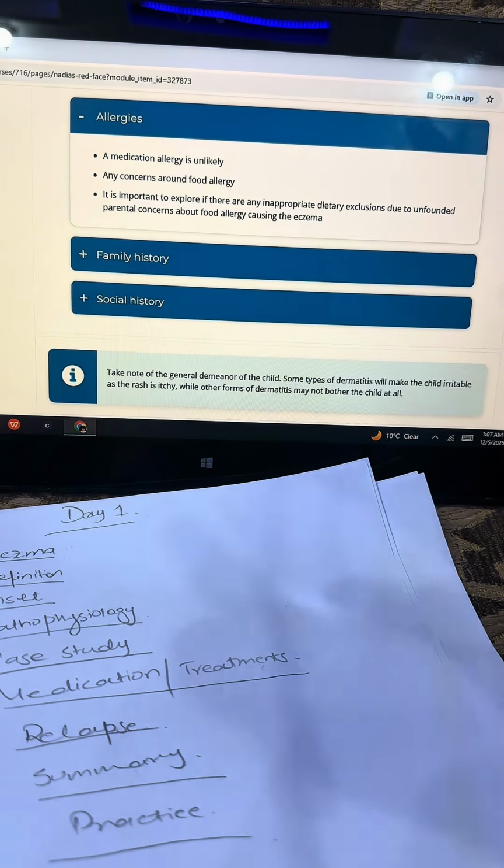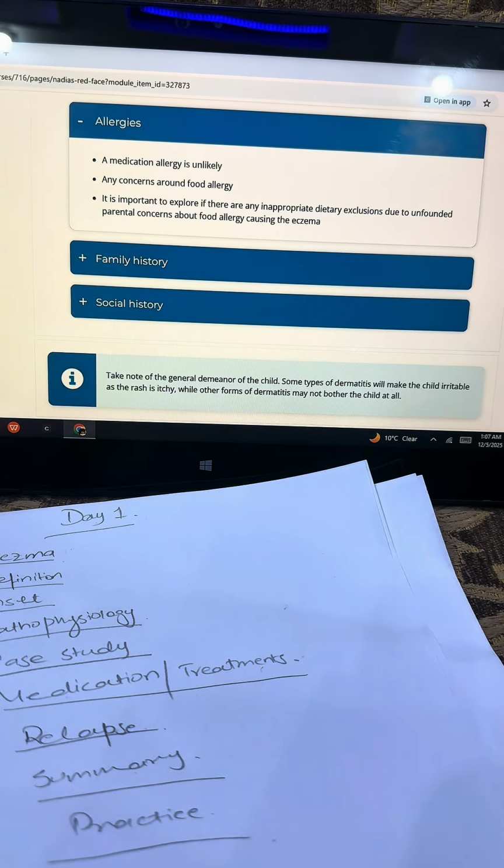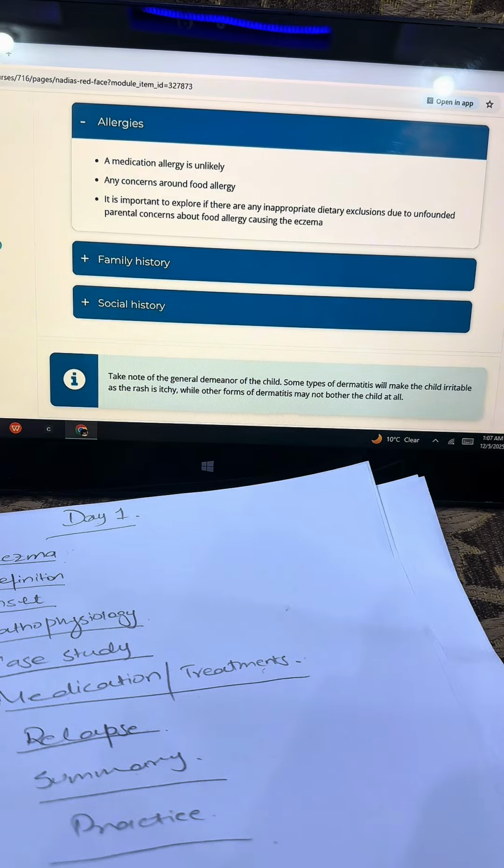We can talk about medication history, any concern around food allergy, and the family history.